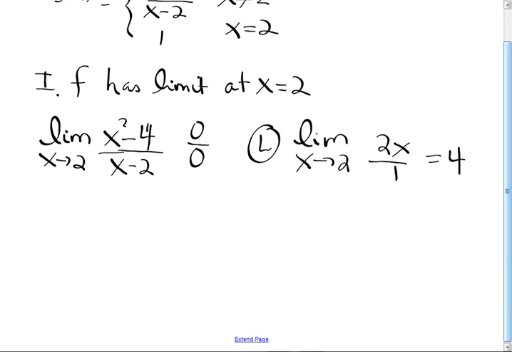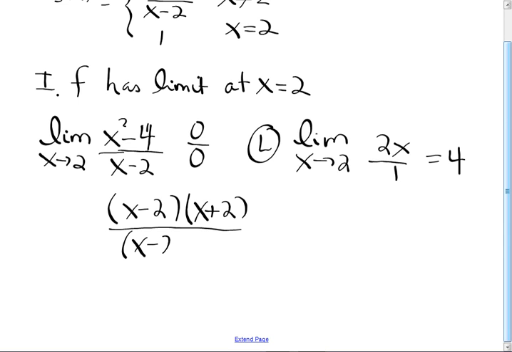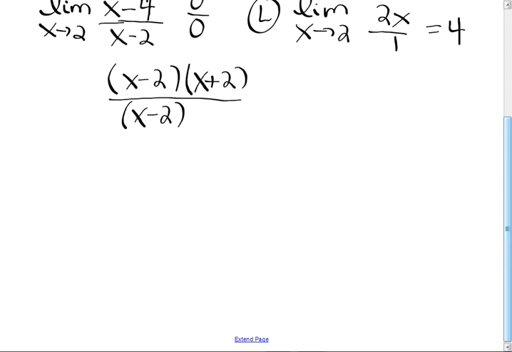We can factor this. This is x minus 2. I like the factoring because you see what happens. L'Hopital's rule is a trick that you don't know why it works. Here are the zeros. When I put in 2, that's where I get the 0 over 0. But remember, for limits, we don't care what happens at 2. We only care what happens when we're near 2. So as long as we're not at 2, I can go ahead and divide those out.